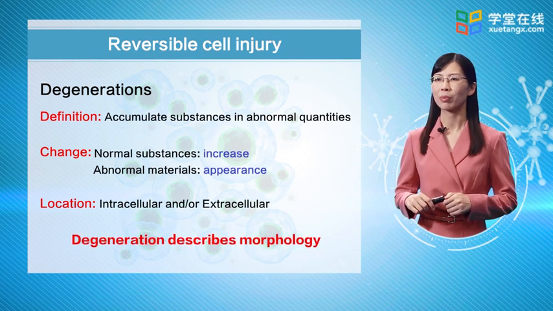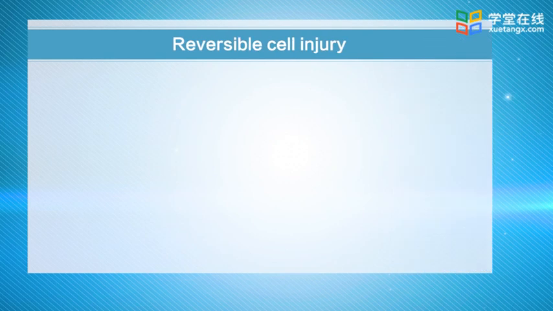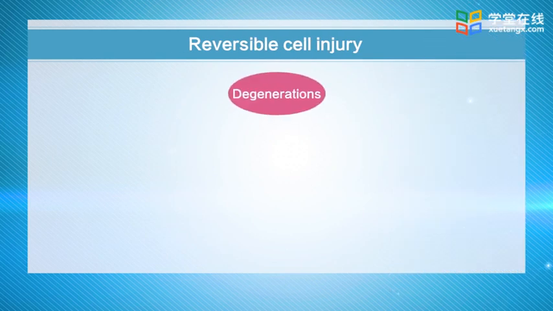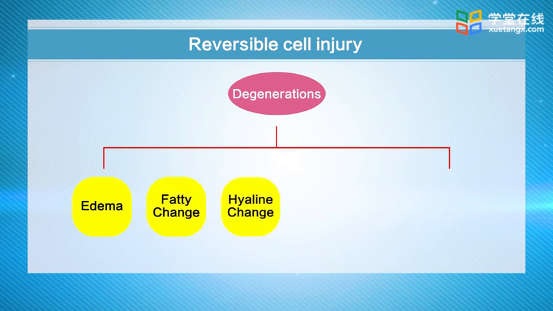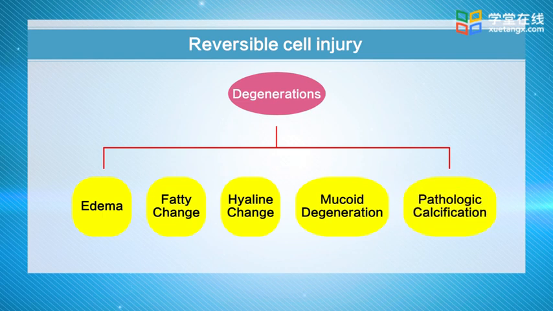Degeneration describes morphology; the type of substance that accumulates and the pathogenesis of different types of degeneration vary. The morphological responses to reversible cell injury can be in several forms. Here, we will merely discuss edema, fatty change, hyaline change, mucoid degeneration, and pathological calcification.